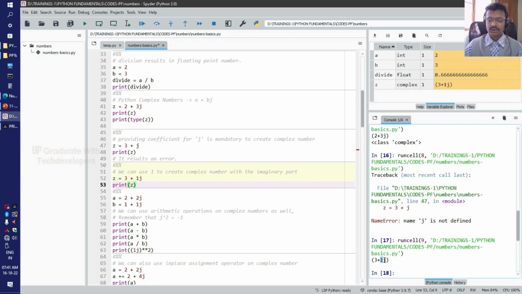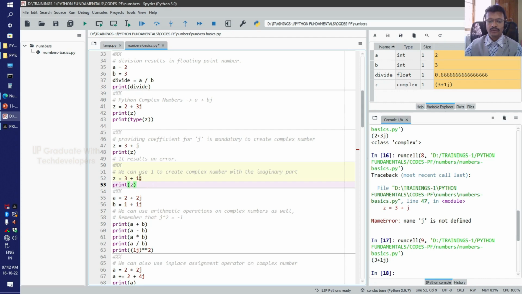We cannot use the i term here to create an imaginary or complex number, otherwise it results in an error. We normally use the i term in mathematics. Some authors use the i letter to represent the imaginary term of complex numbers, but it is not going to work in Python.